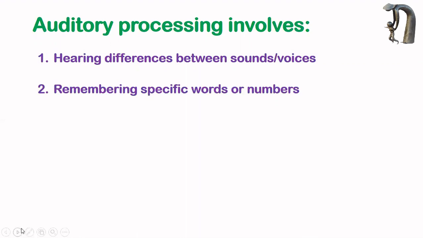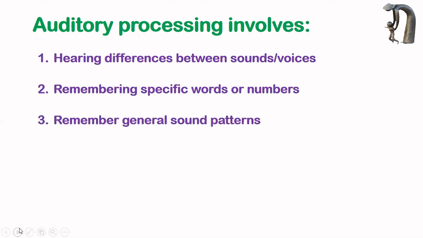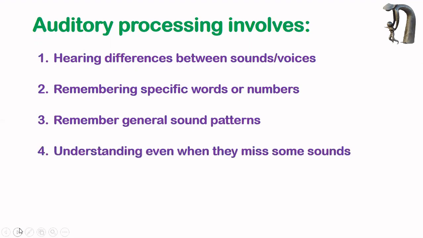Remembering specific words or numbers is also involved in auditory processing. Remembering general sound patterns is involved. Understanding even when they miss some sounds is also where auditory is involved. Then blending parts of words together.